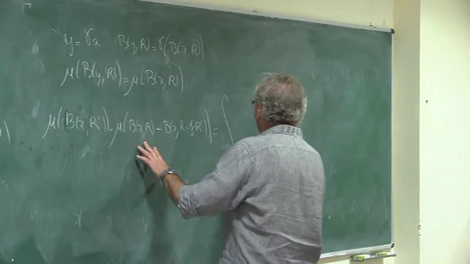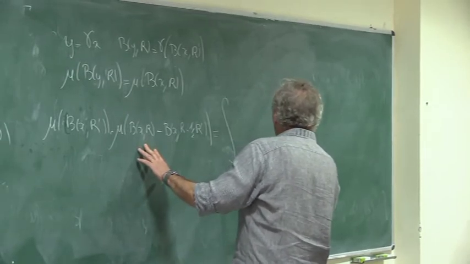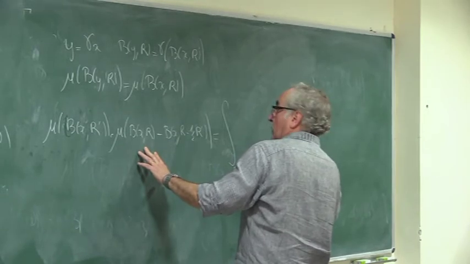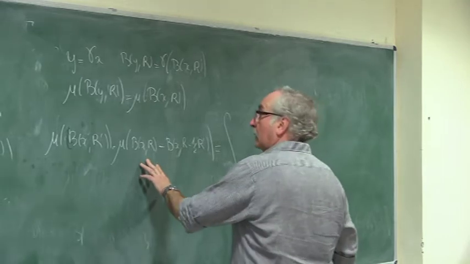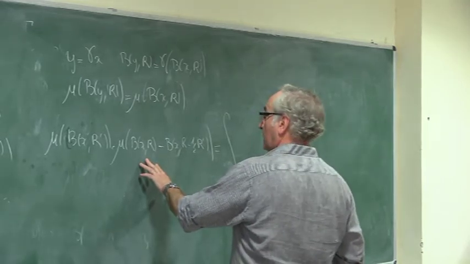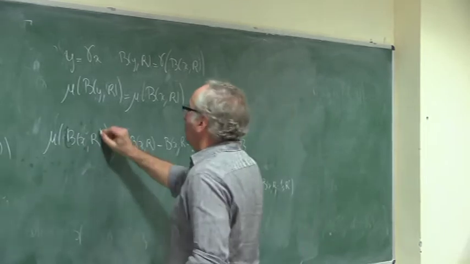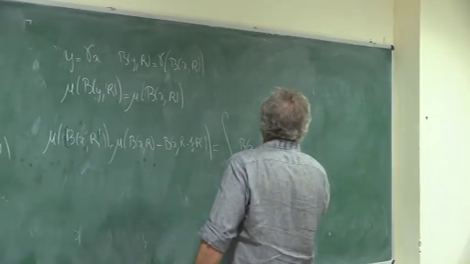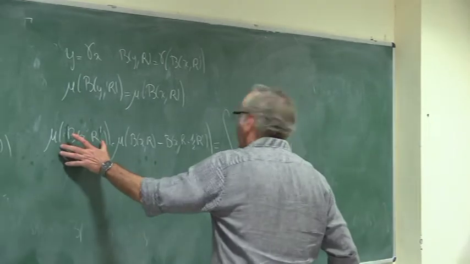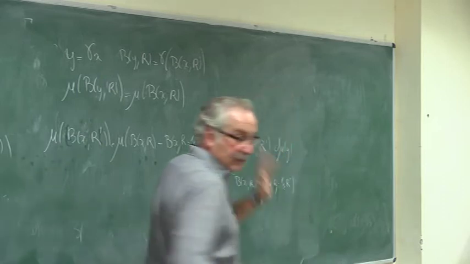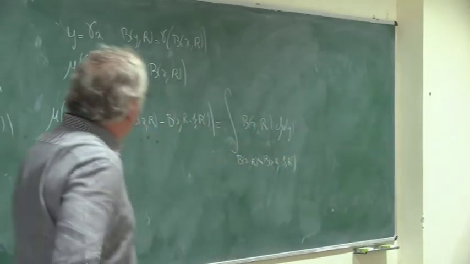This is equal to the integral on this ball of this, with r prime, d mu y. This is independent of y, so I put it inside the integral.